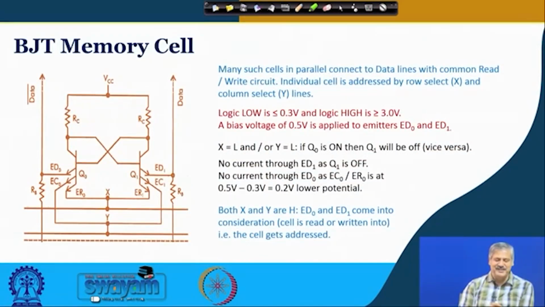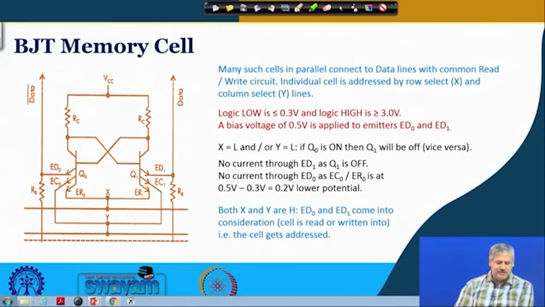So, this is the basic memory cell. More of how it gets connected to the other parts, that is the sensing amplifier, write amplifier and control logic, we shall see in subsequent slides. This is the multi-emitter transistor pair that we are talking about, and you see that they are connected in a cross coupled mode. Each one of them can be considered as an inverter.